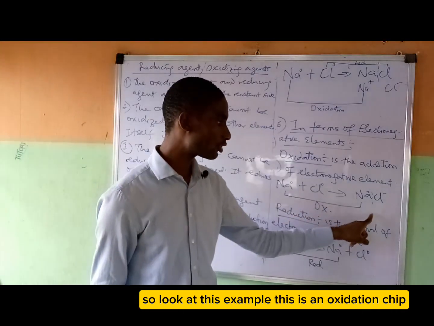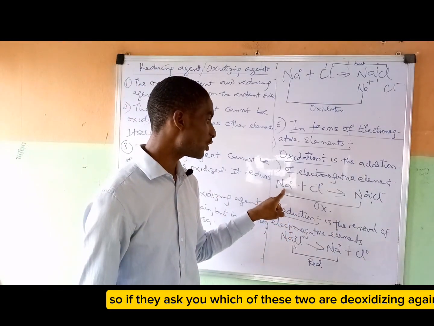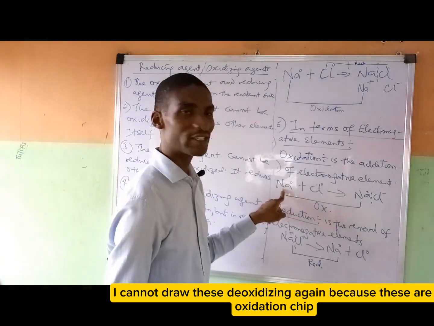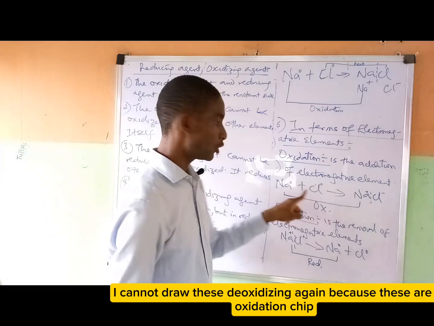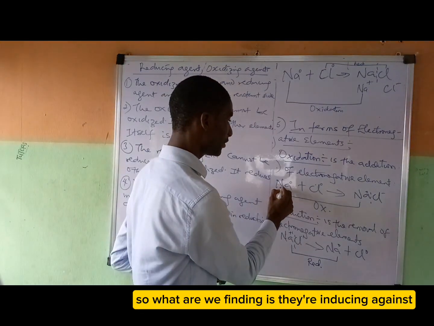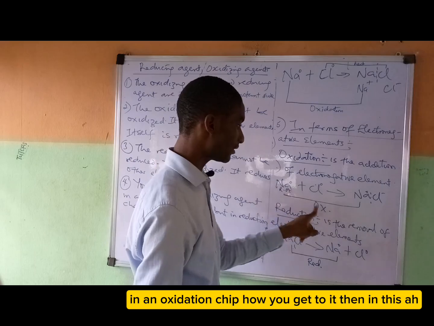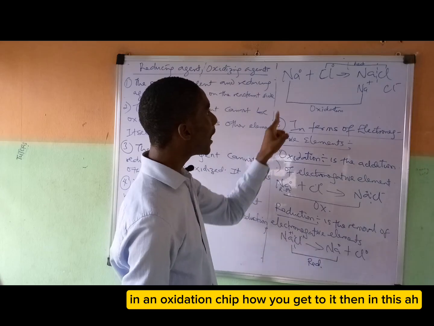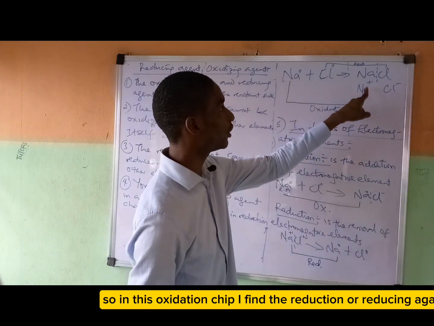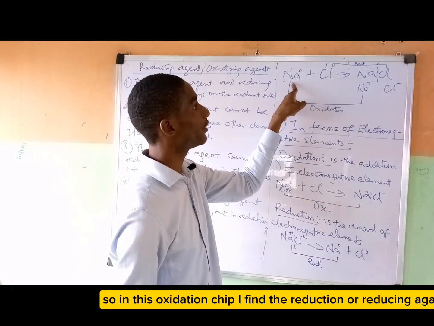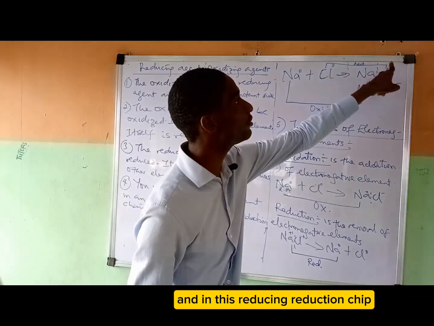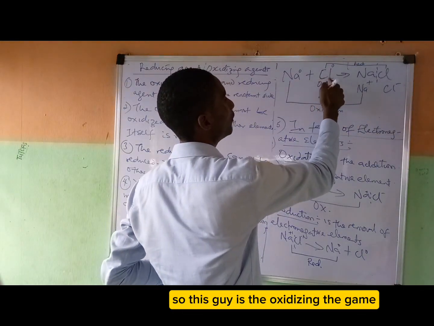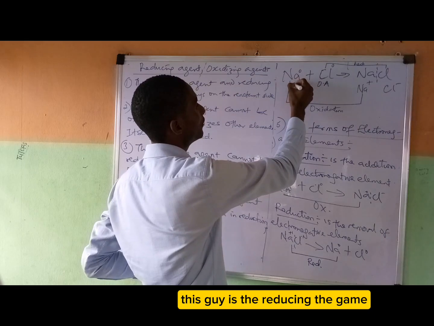This is an oxidation chain. So if they ask you which of these two are the oxidizing agent, I cannot call this the oxidizing agent because this is an oxidation chain. So what I will find here is the reducing agent in an oxidation chain. Are you with me? Then in this oxidation chain, I find the reducing agent. And in this reduction chain, I find that oxidizing agent. So this guy is the oxidizing agent, this guy is the reducing agent.